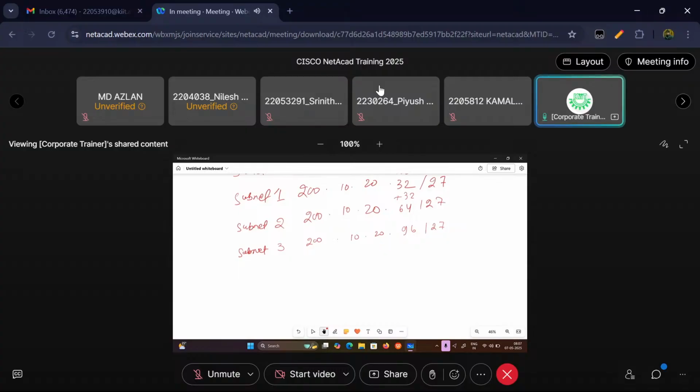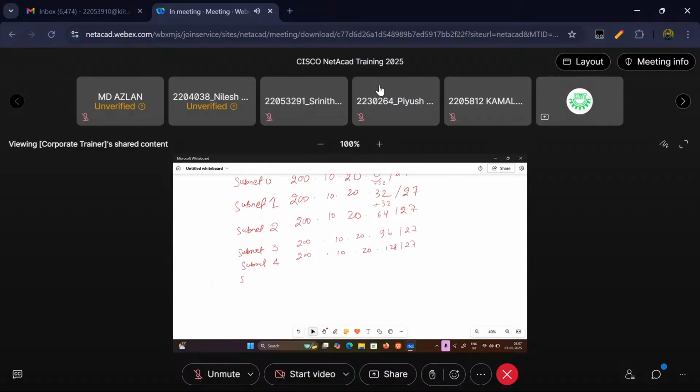Okay, just see. I'll show you. Suppose you go ahead with subnet 4. What is the value? 200.10.20. Again add 32. After adding 32, what you'll get? 128/27. Let's move ahead with the next subnet.